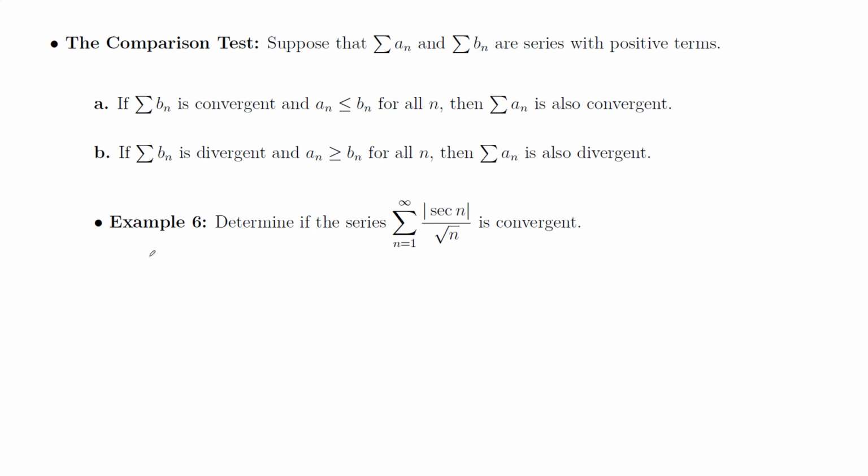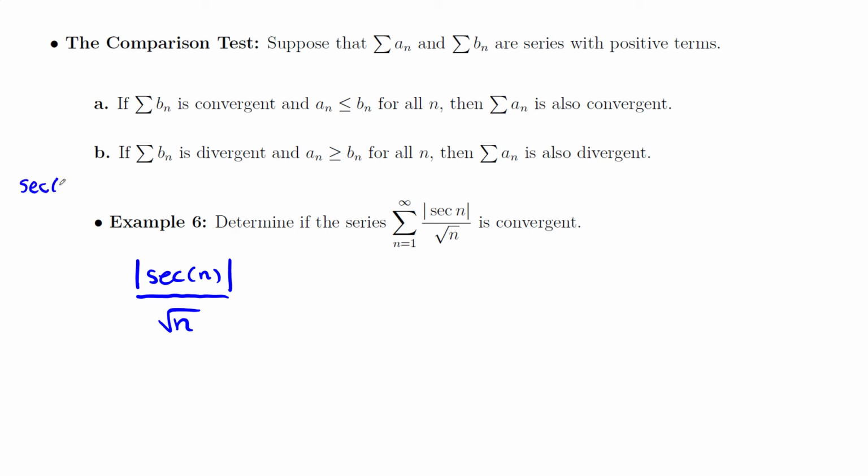All right, so again, this is kind of complicated. The absolute value of the secant of n over the square root of n. Well, can we say anything about it? Can we compare it to a different series that might be easier to get a hold of? Well, what do we know about secant? Okay, we know that secant is 1 over the sine, right?